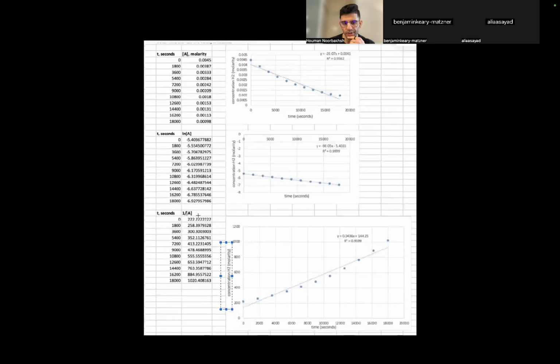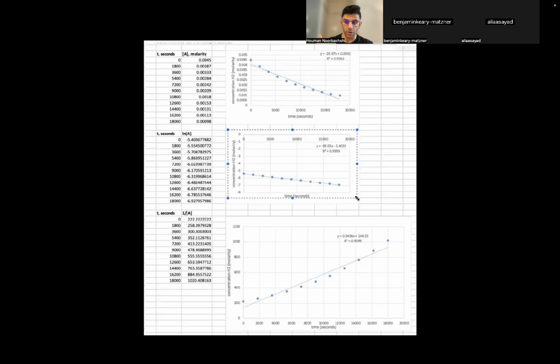But this one is 1 over A, this is the ln of A, and this is the A. So you see the data points are not on the trend line for the zero order one, the A over T. But for the ln of A, all your data points are on the trend line. And it's not for the last one, which is the second order one. So based on this, we know that this is a first order reaction.